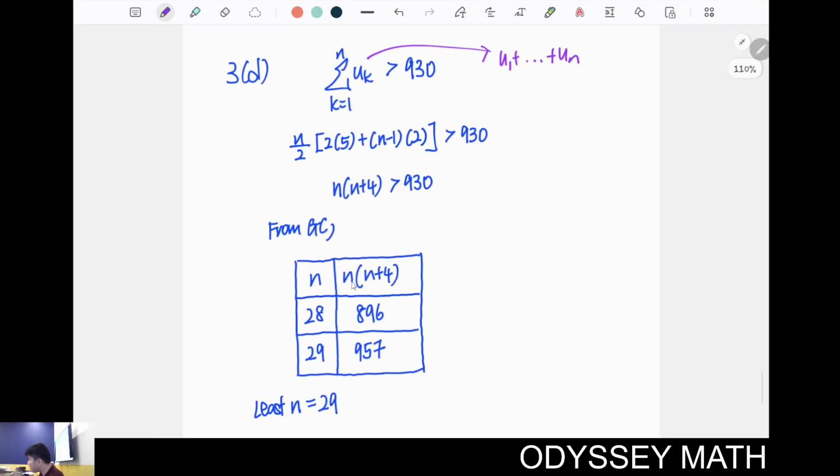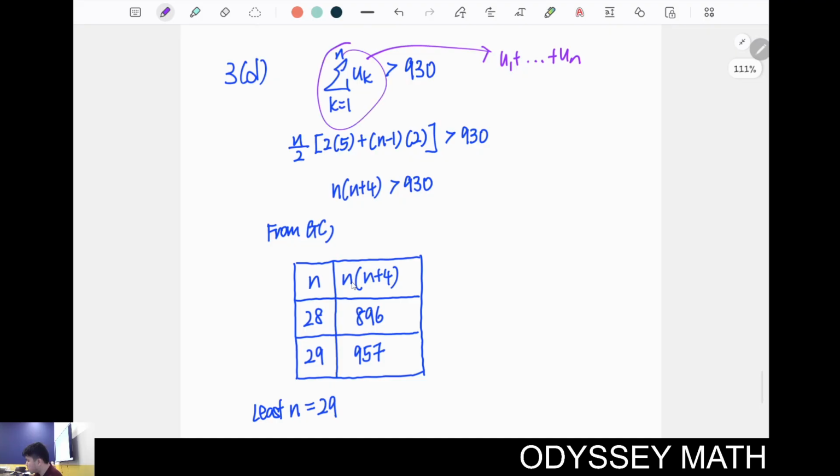For the least value of n such that this summation is greater than 930, you notice that when n is 28, it is 896, still not greater than 930, but when n is 29, it is 957, which is greater than 930. So the minimum n will be 29.